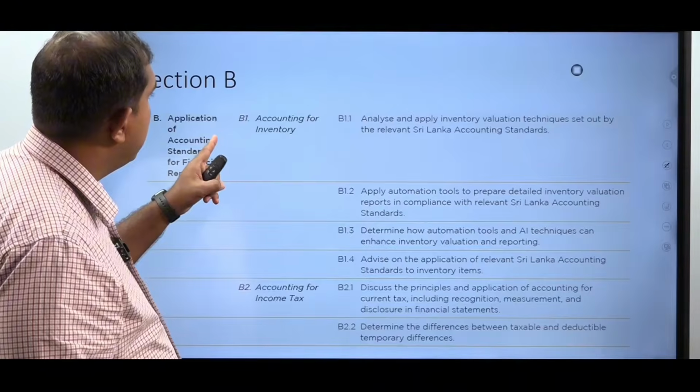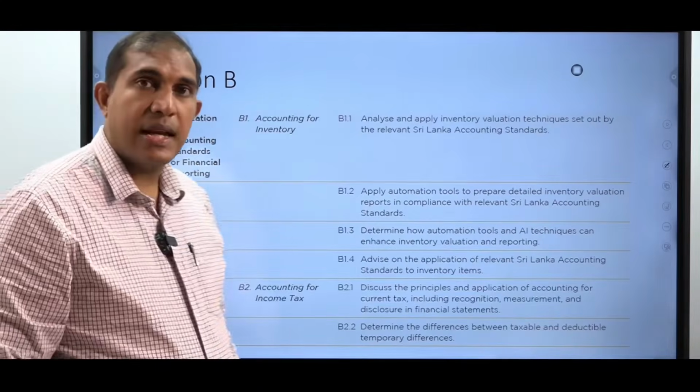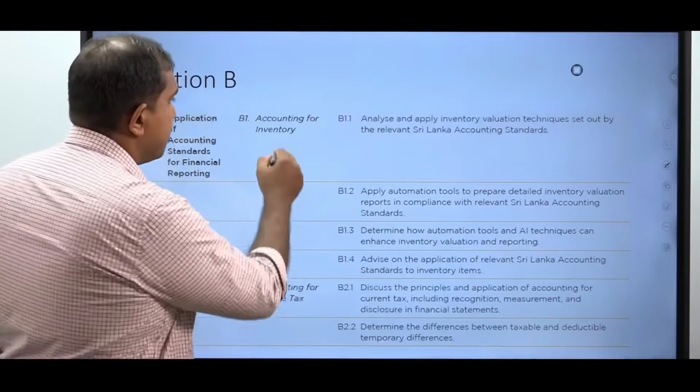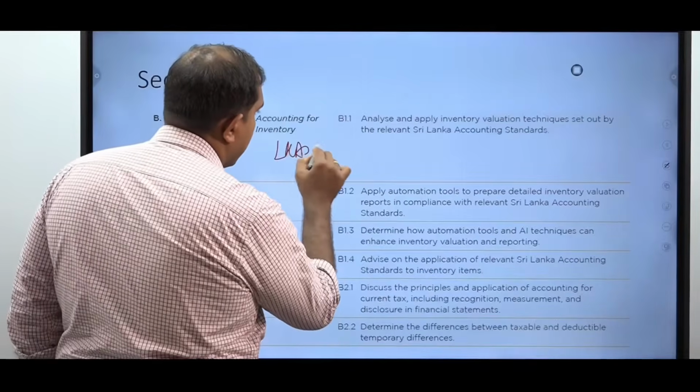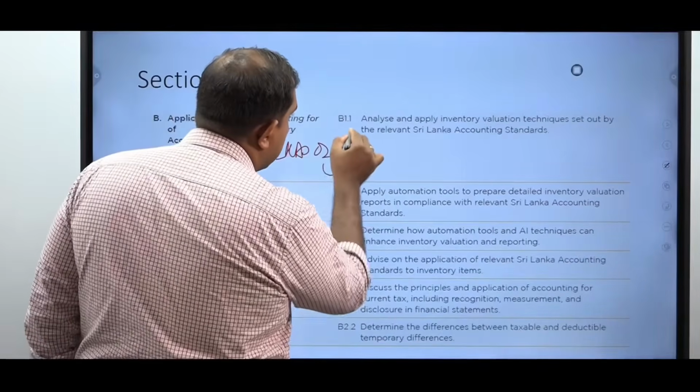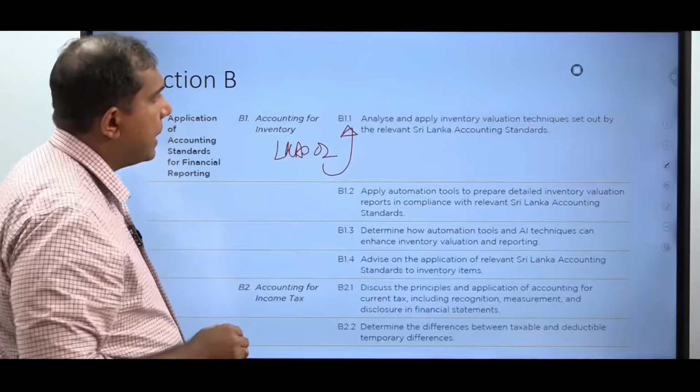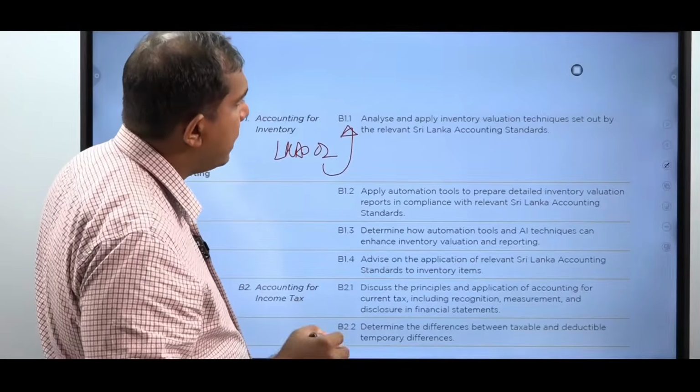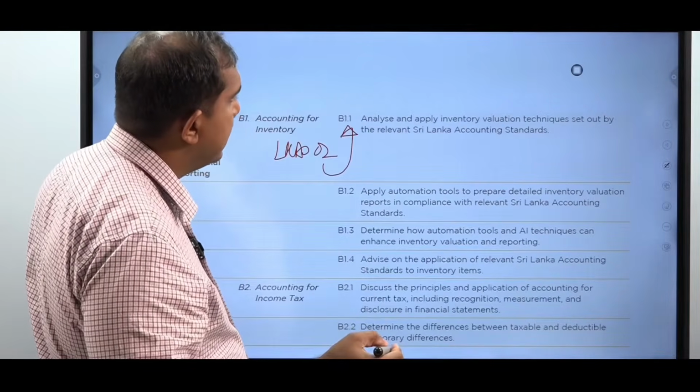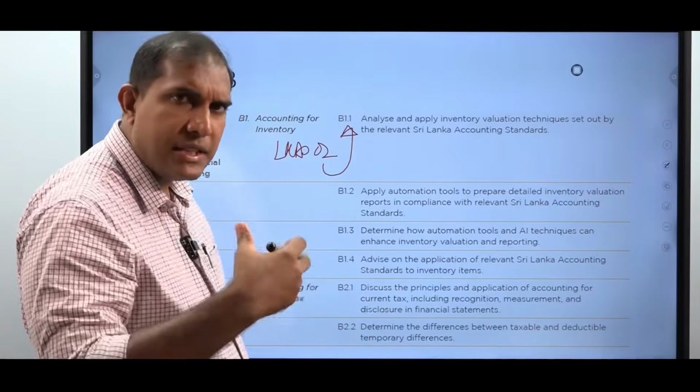First one, accounting for inventory. What's the standard? LKAS 2. So there is a learning objective: analyze and apply inventory valuation techniques. We can discuss them.